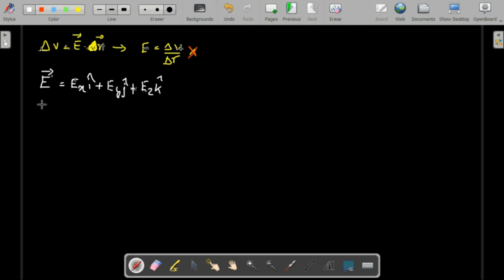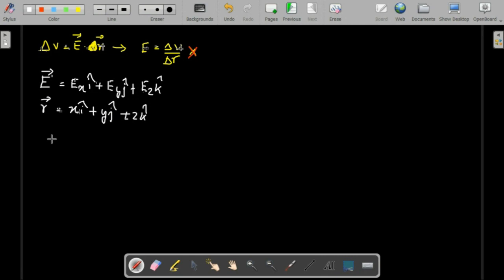Similarly, if I write down R bar, I can write it down as x i cap plus y j cap plus z k cap. Let's say that's my position. I can take R minus R naught. R naught might be origin, and I can take it x minus 0, y minus 0, z minus 0, this will be the result.